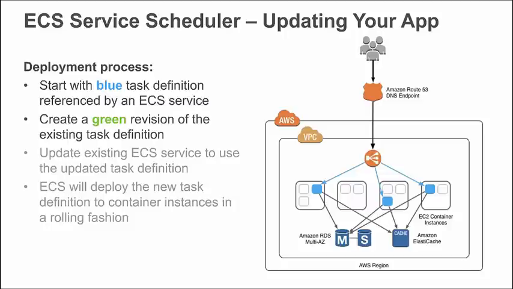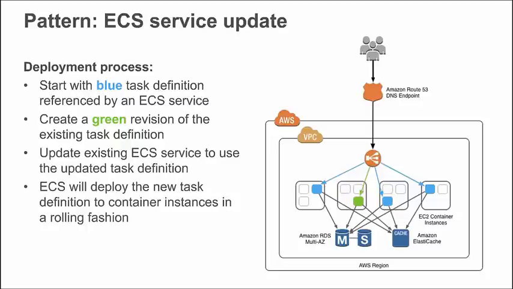In parallel, you'll update the task definition with a new green revision. When you're ready to deploy, simply update the service to use this new green task definition revision. The ECS Service Scheduler will start a new green task, as we see here, on an available cluster instance and perform the Elastic Load Balancer registration.